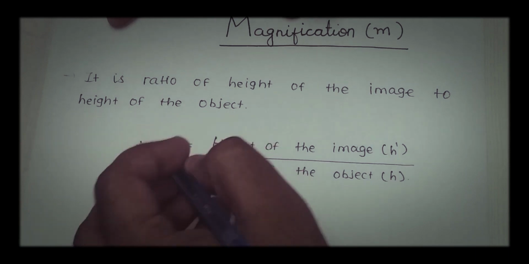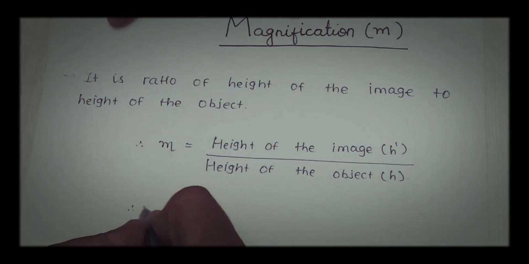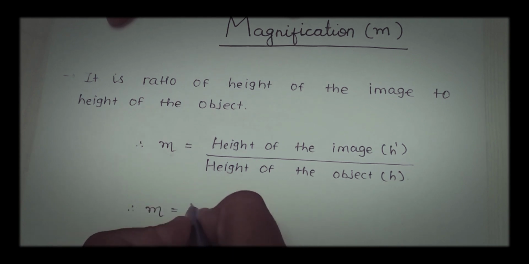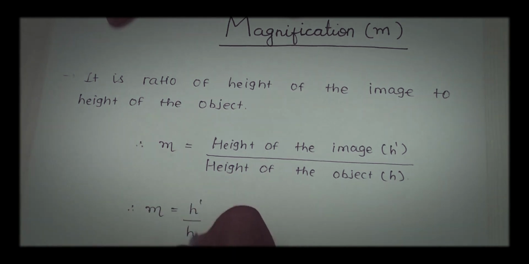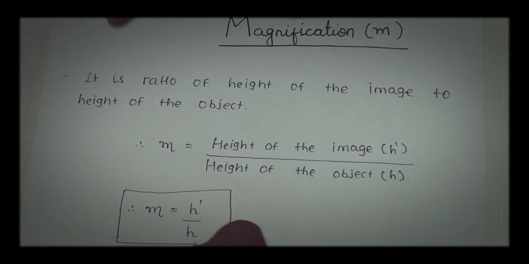Generally magnification is denoted by small m. So here we get one formula, m is equal to h dash by h. It is one definition of magnification.